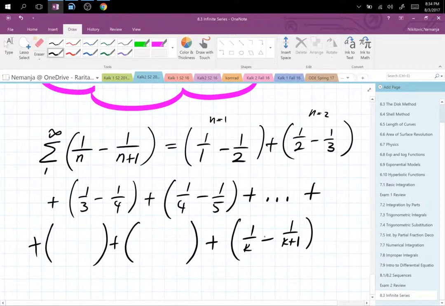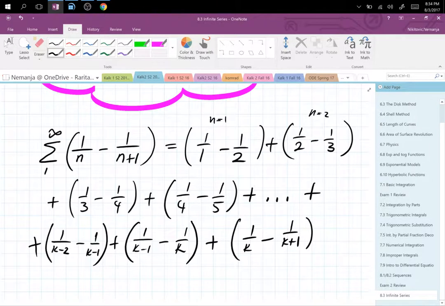So I have this. Then the previous term will take away 1 from each k. So k minus 1, and then k plus 1 minus 1 is just k. The term before that will take off 1 more from each k, right? Because it's a previous term. You can actually put infinitely many of those if you want to, but there's no need.